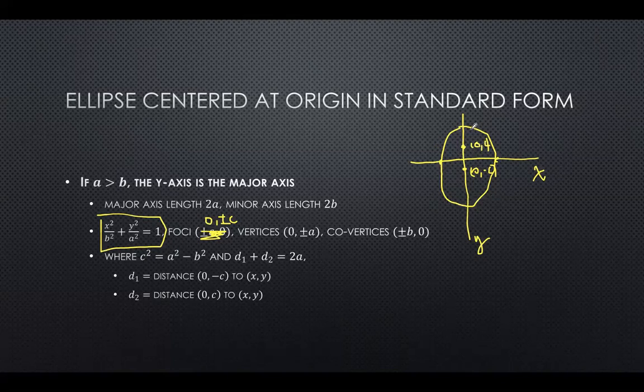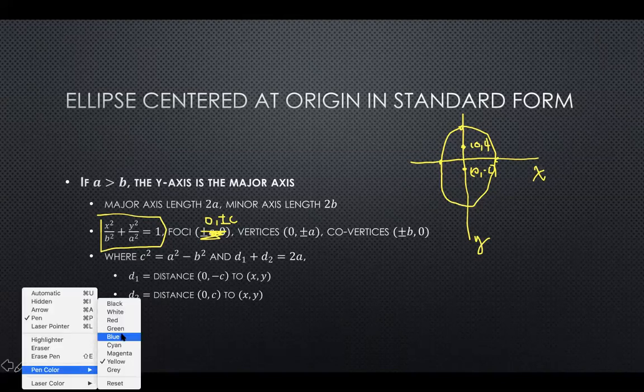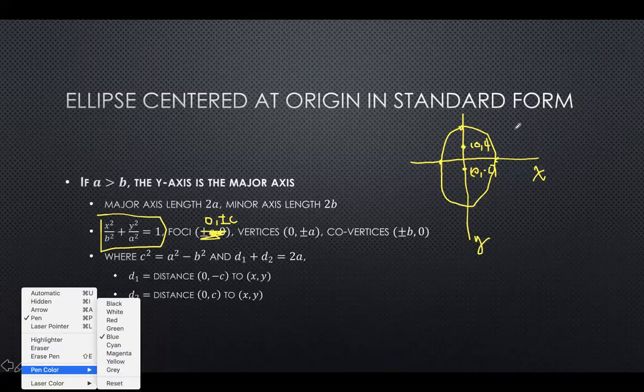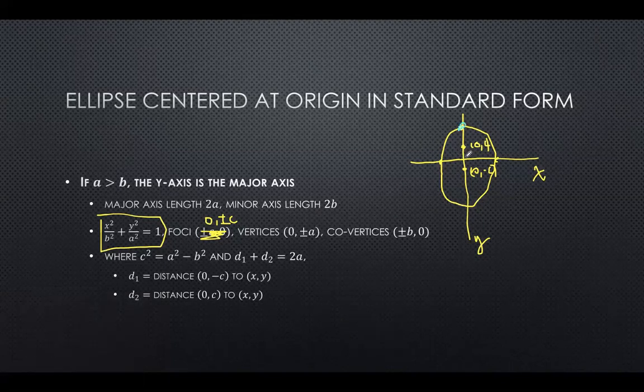And these two points on the major axis are called vertices.